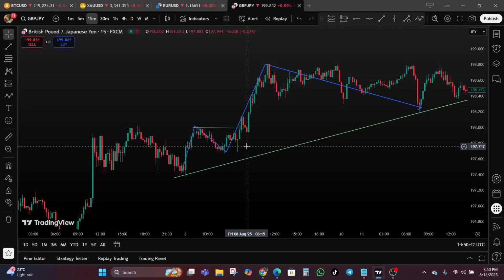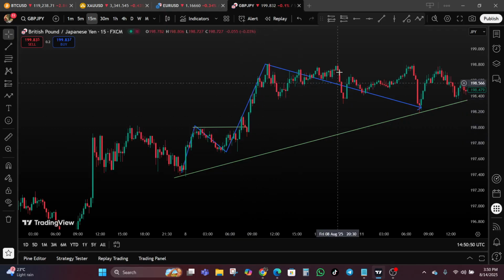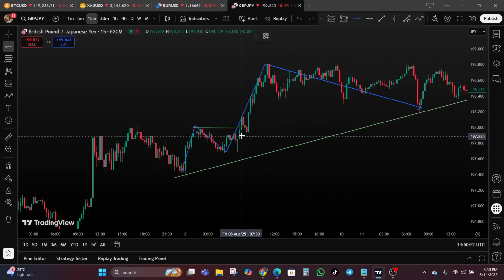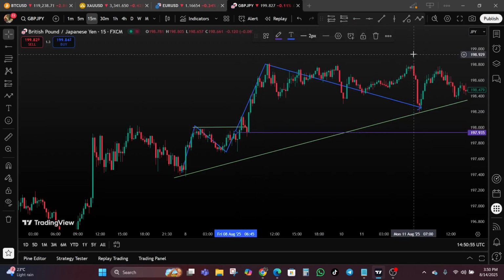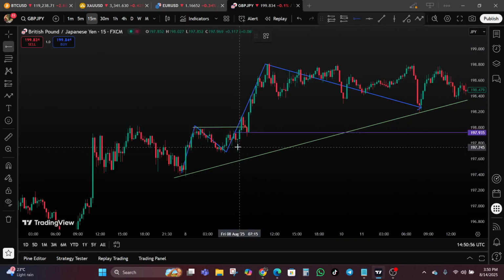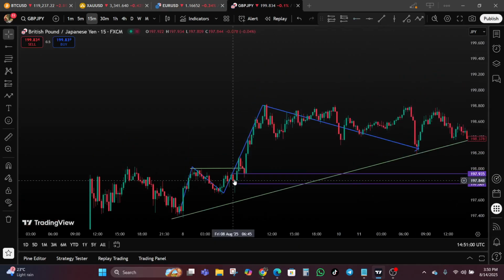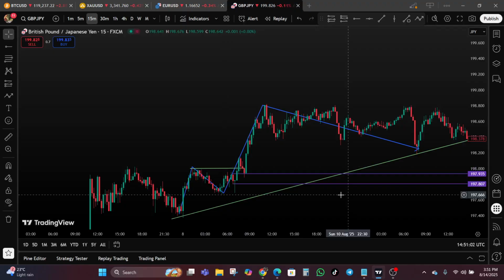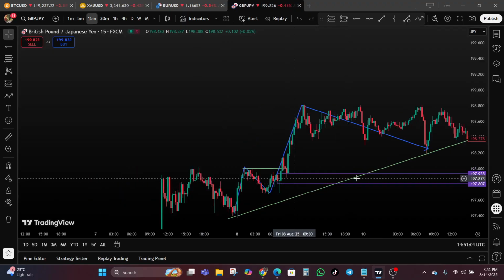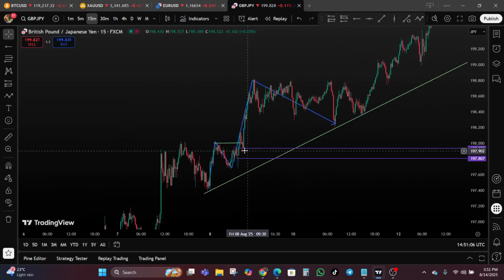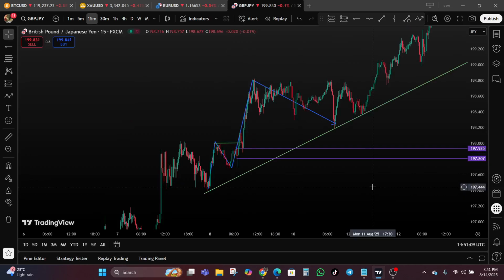A bullish order block is going to be the last bearish candle before a strong move upward that breaks this structure. So this is our last bearish candle, this particular candle here, before we had this move upward that broke this structure. So in this case, we have a bullish order block around here. All right, so it's very easy to recognize.